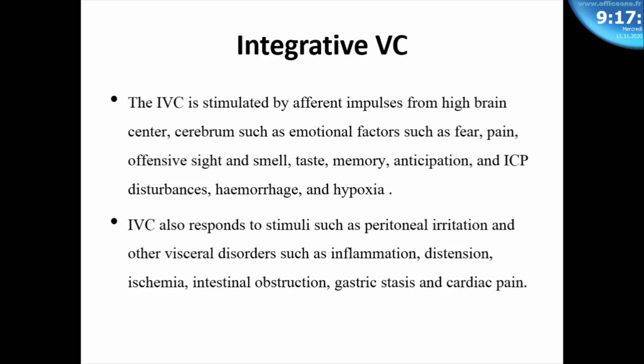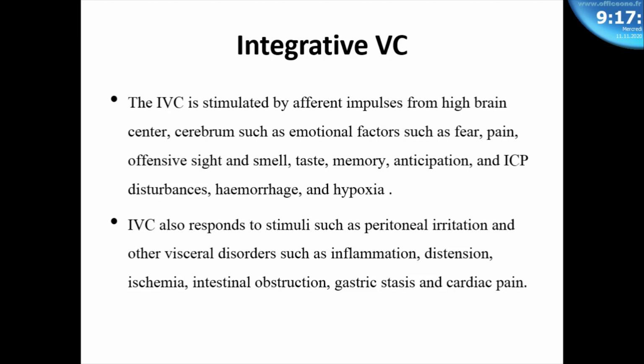To have the role of vomiting center, this receptor needs essential receptors. We have serotonin, 5-hydroxytryptamine 3, dopamine 2, histamine 1, muscarinic and cannabinoid receptors.